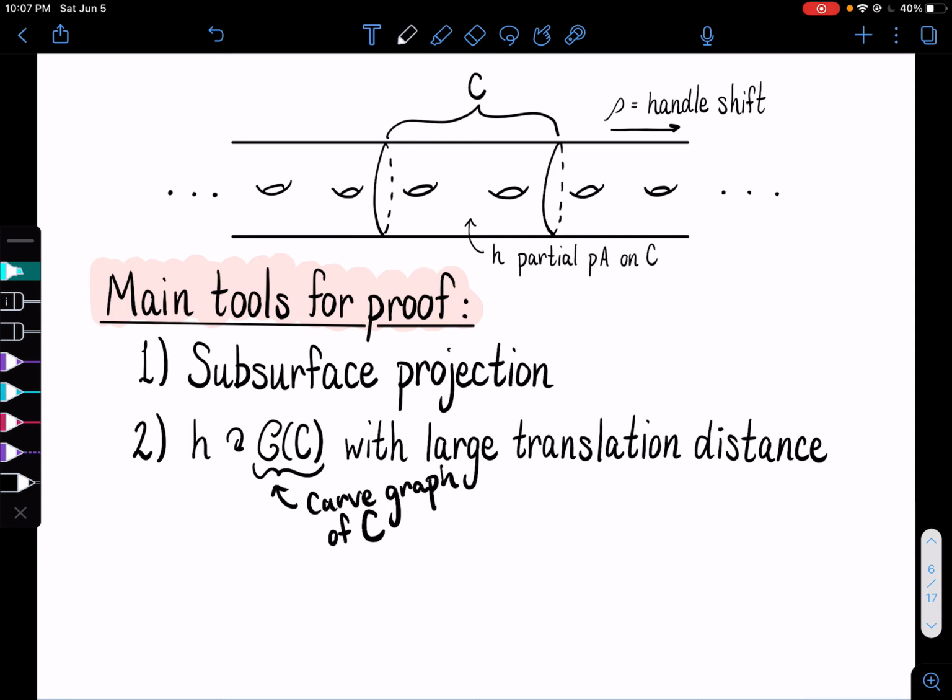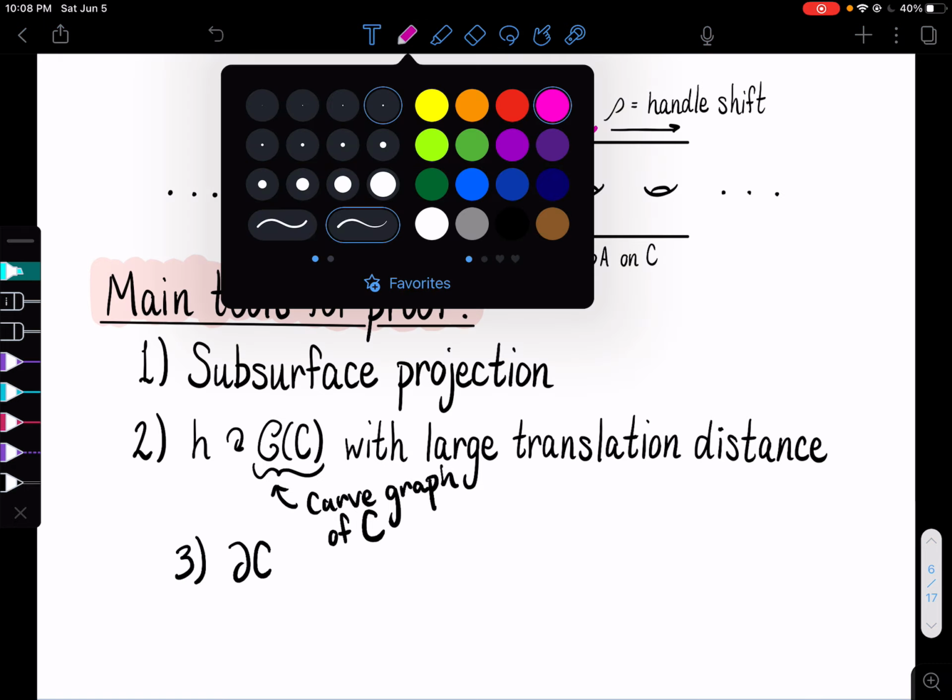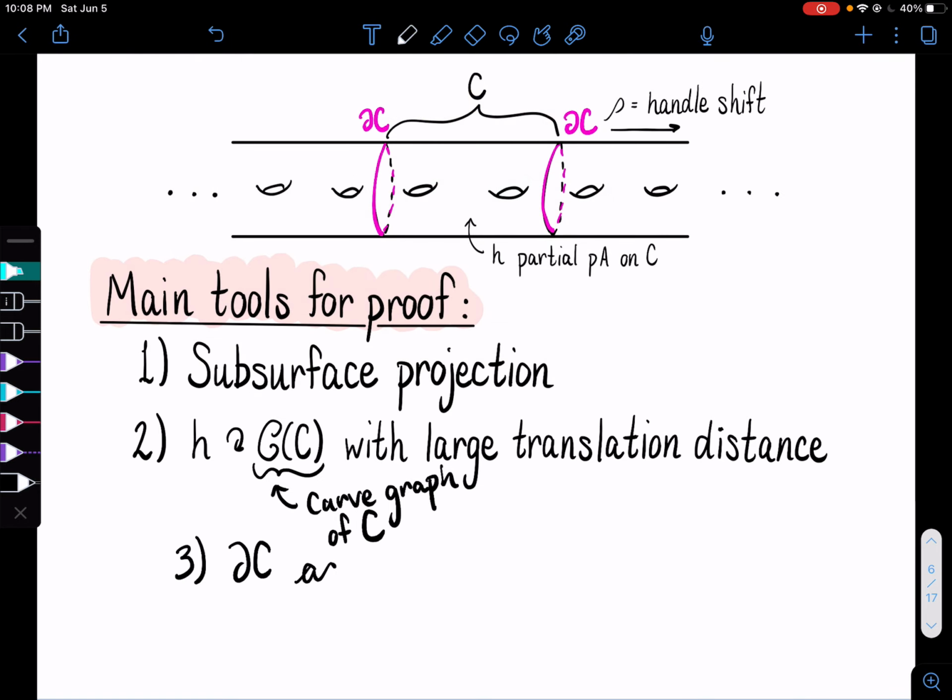Okay. I won't get into too much detail here, but I'll add a third point, which we use, which is that we get to show that this boundary of C, so let me highlight them. Here's one boundary, here's my other boundary, highlighted in pink. So boundary C acts as a buffer which prevents curves from escaping from one end out the other.